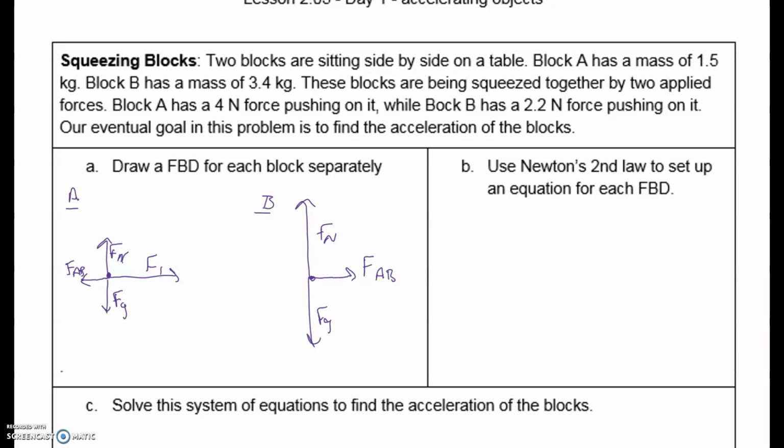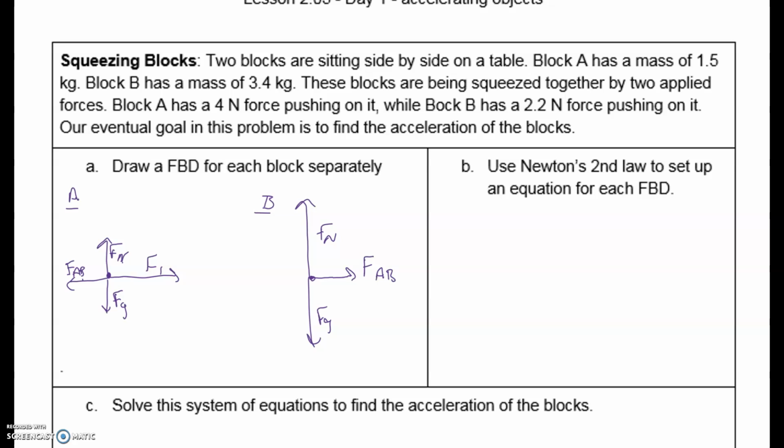Something I should be careful about is that these arrows are equal in length and opposite in direction. So let me make this vector a little longer to better represent that. Those are equal in magnitude, opposite in direction. Then I'm going to sketch out the pushing force acting on block B, which is acting to the left.